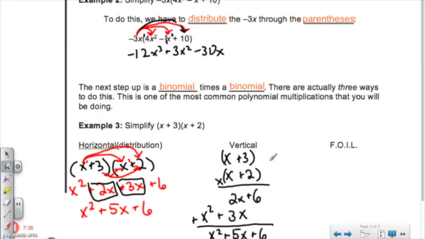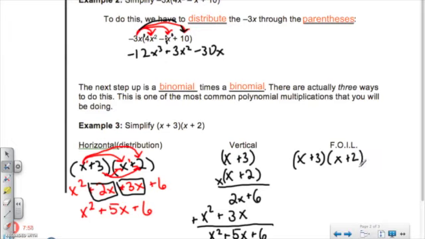If you're looking up extra help online about how to multiply binomials, you're likely to see this little acronym, FOIL. We don't want you to focus on this method too much because it really is specific to binomials times binomials, and we prefer either the horizontal or the vertical.